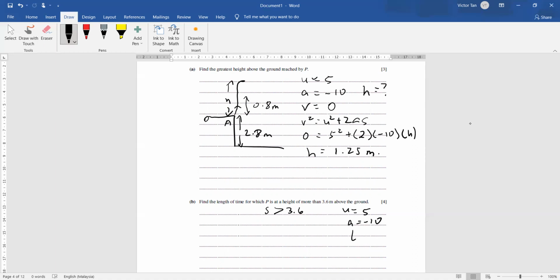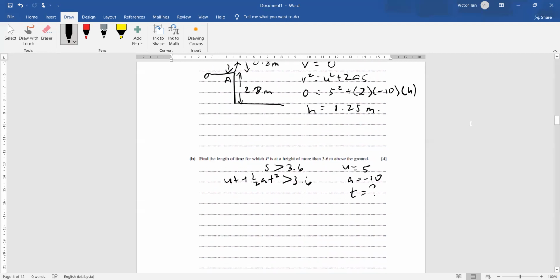So you want to find T. So S is larger than 3.6. S equals UT plus half AT squared. So UT plus half AT squared is larger than 3.6. 5t minus 5t squared.